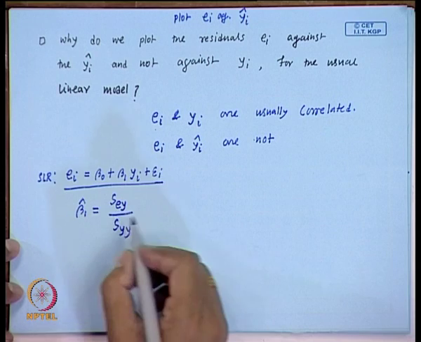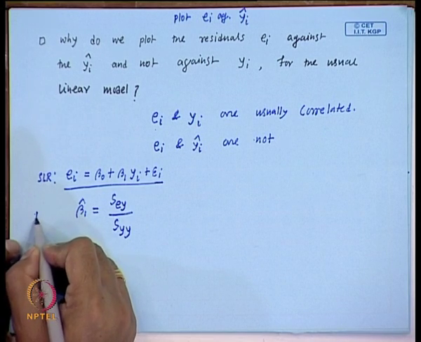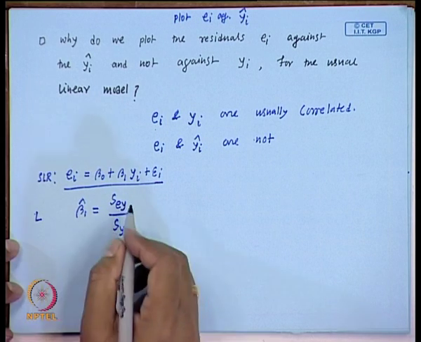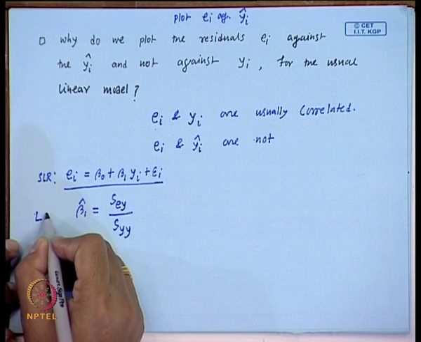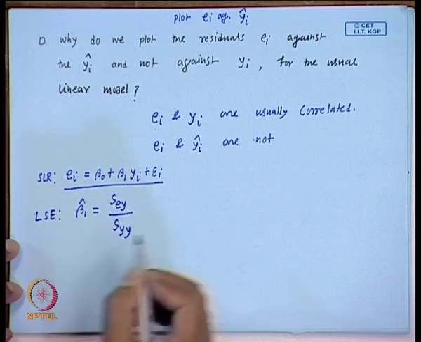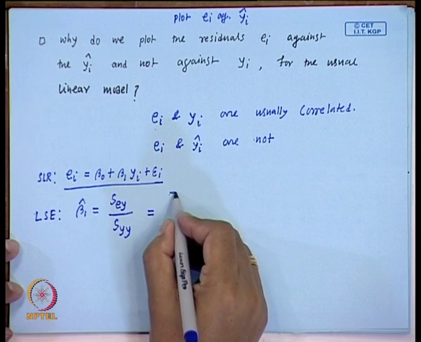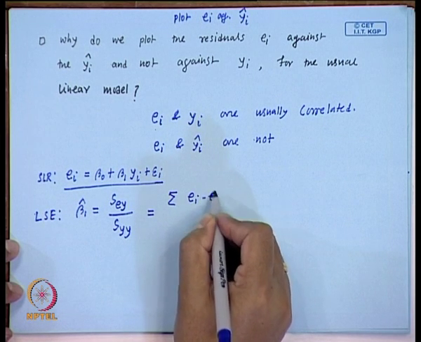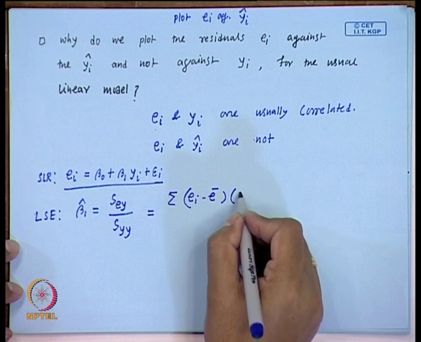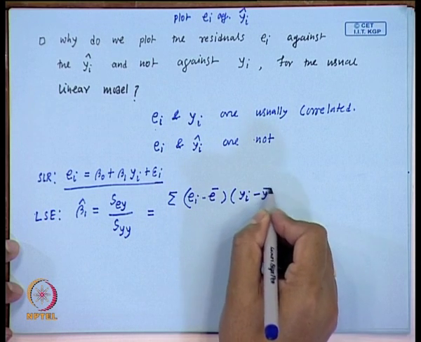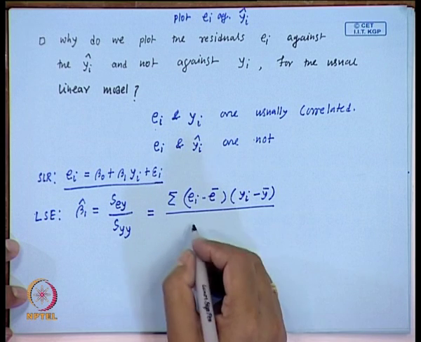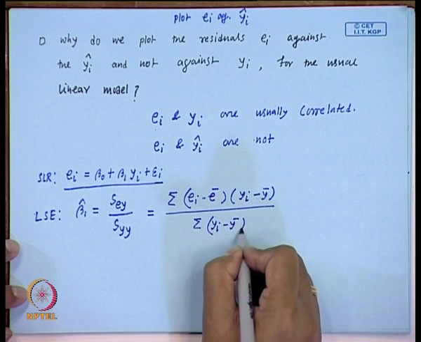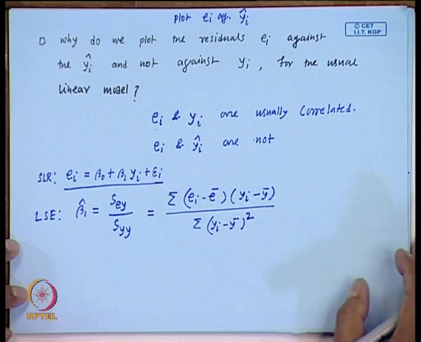Okay. So, what is this? This is the least square estimate. You can check with my first module, beta 1 hat is nothing but this one. This is called the least square estimate. So, this one is nothing but, this is notation only, summation ei minus e bar into yi minus y bar by summation yi minus y bar whole square.